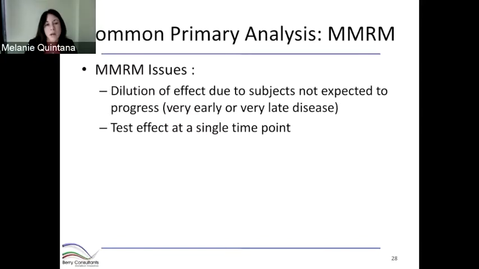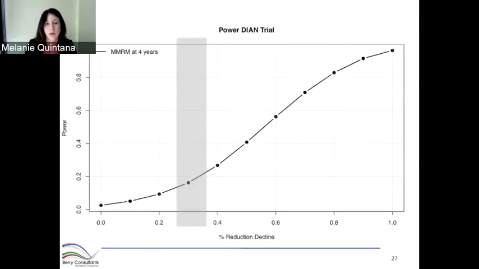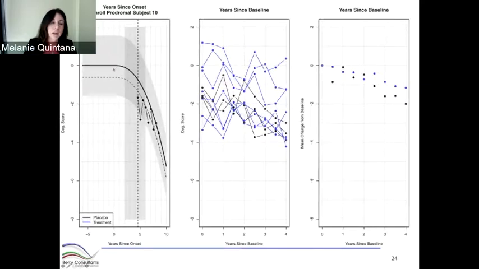So the first thing that we looked at was the analysis method. The repeated measure models that people typically use for longitudinal data have some known issues. The first is the dilution of any sort of treatment effect due to subjects not expected to progress. So if we go back here, if we enroll some individuals on this part of the curve, they would not be expected to progress under placebo and not expected to progress under any sort of treatment effect.